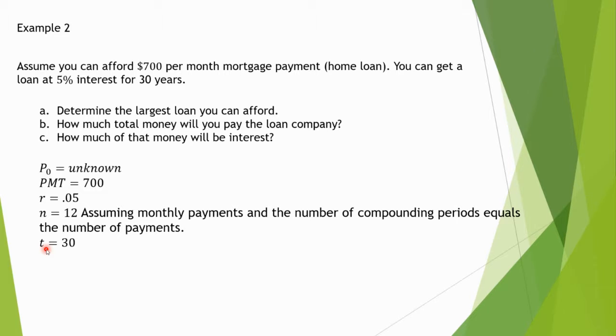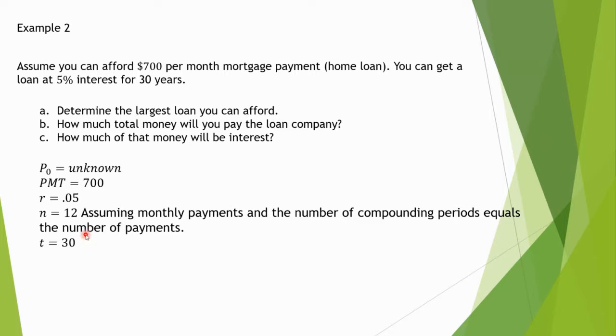Our R is 0.05, okay? The interest, and you convert it to a decimal, right? N is 12. We're making monthly payments, so it's compounded 12 times a year. T, this is going on for 30 years.